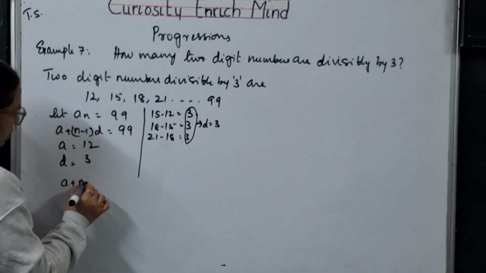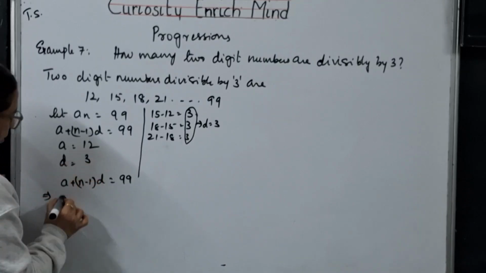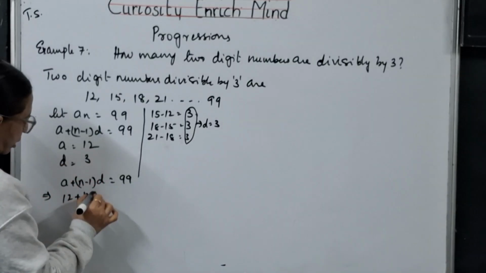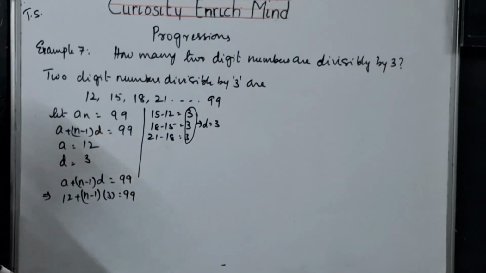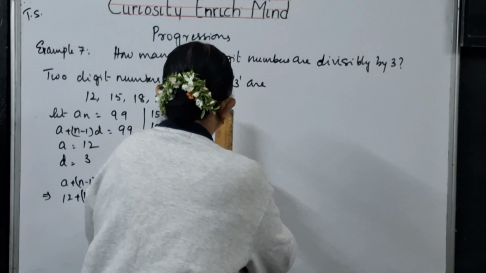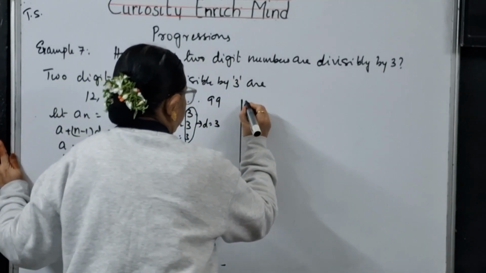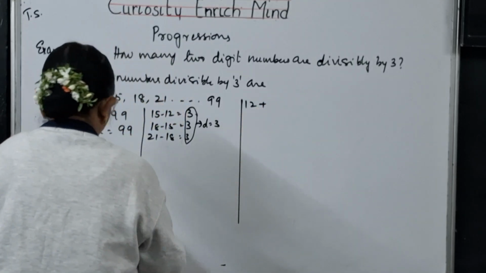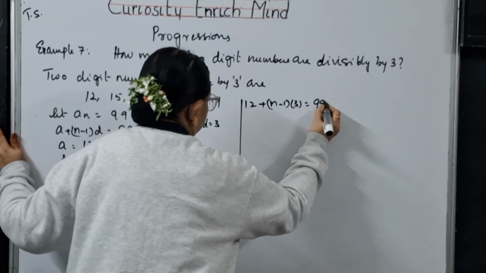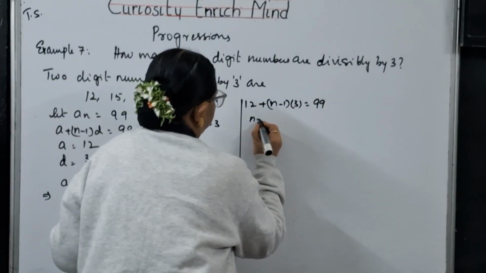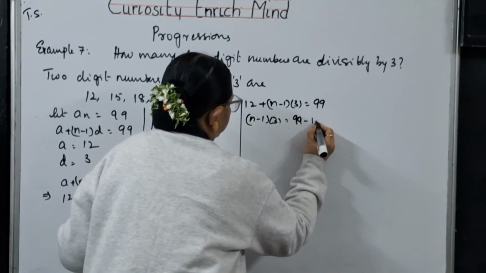So a plus n minus 1 into d is equal to 99. This implies 12 plus n minus 1 into 3 is equal to 99. Means n minus 1 into 3 is equal to 99 minus 12.